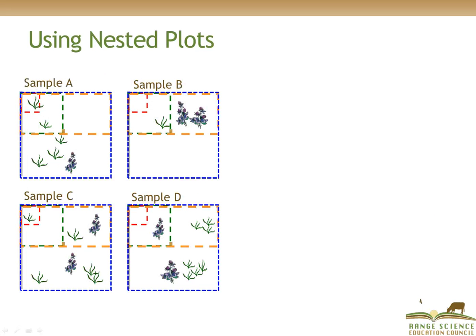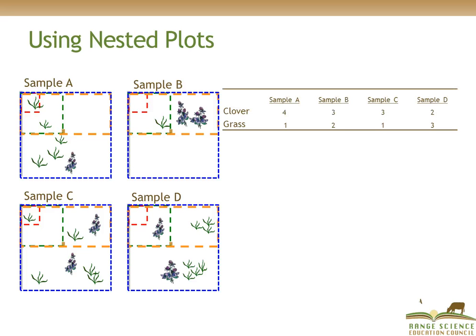So let's look at an example to see how this would work. Here we have an example in which we have placed 4 nested frames, sample A, sample B, sample C, and sample D, in our environment. We're measuring simply 2 species, and we see that for the clover, in sample A, the smallest plot it occurs in is plot size 4. The grass, on the other hand, occurs in plot size 1.